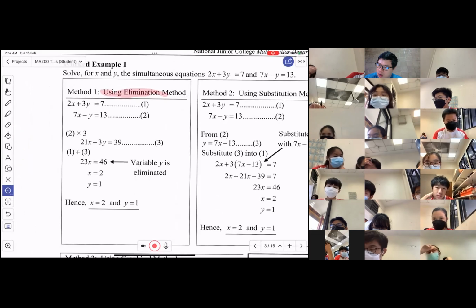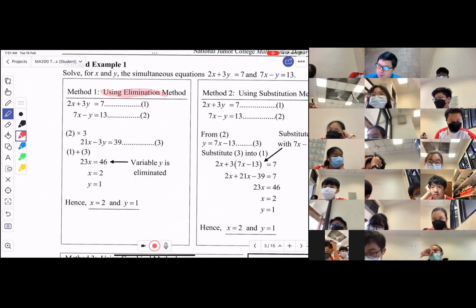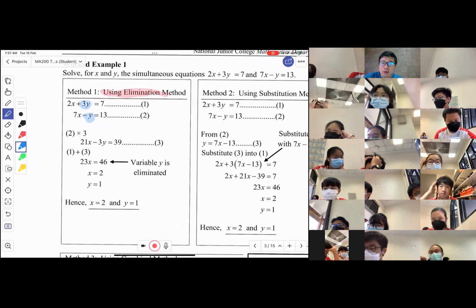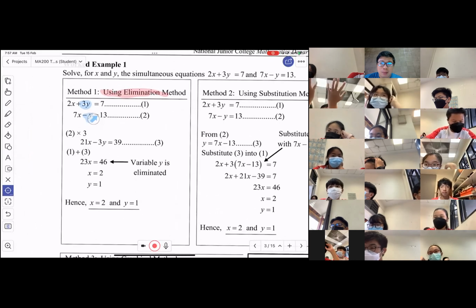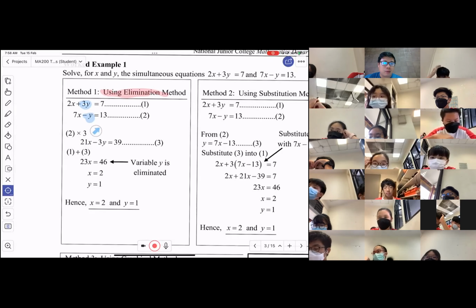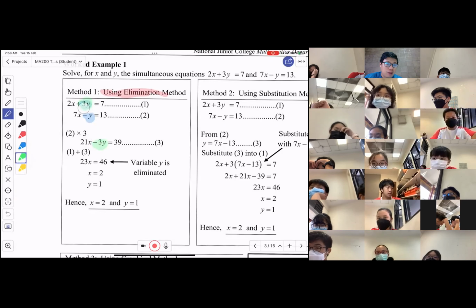So 2x plus 3y equals 7. I look at the 3y and the y. Okay, don't keep your camera on. What I'll do is take equation 2 and multiply by 3, so I get minus 3y. Now you observe those in green, minus 3y plus 3y.